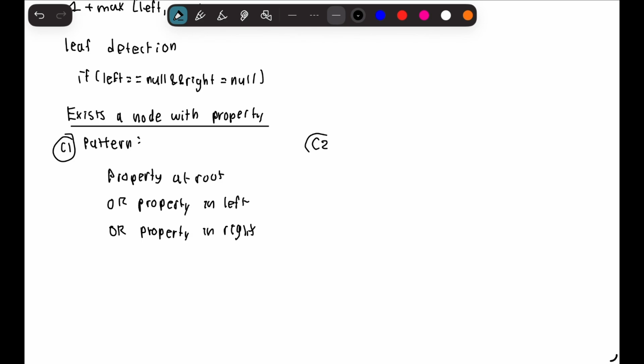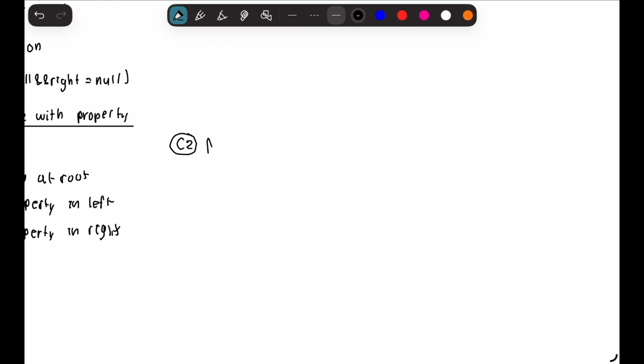Or you could have a mirror or swap pattern. So your temp is equal to your left, your left is equal to your right, and your right is equal to temp.